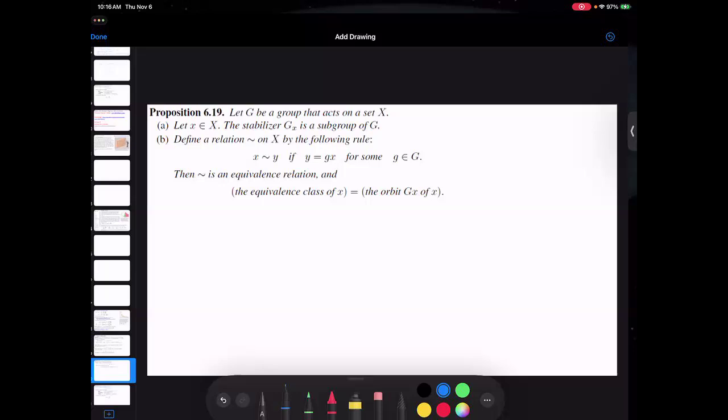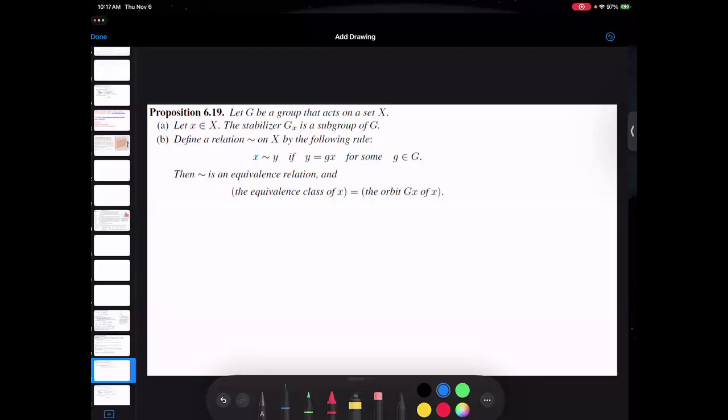X is equivalent to Y if Y is equal to G of X for some G in G. So what that basically means is Y is in the orbit of X. Right? So the orbit of X is I can take any G I want and apply it to X. And what we're saying is Y is equivalent to X if it is in the same orbit.